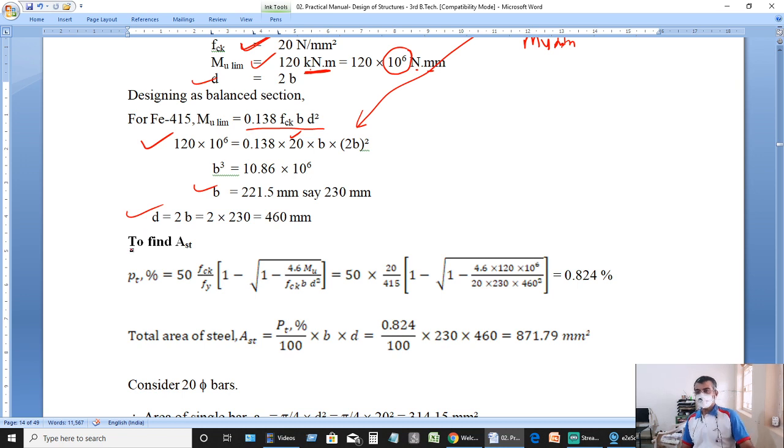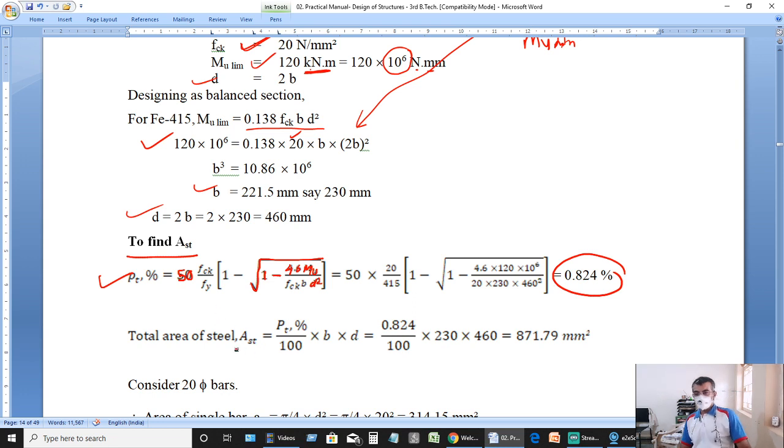Then you find out the area of steel. First you put the value of PT, right? Equation of PT: 50 FCK upon Fy in bracket 1 minus under root 1 minus 4.6 Mu upon FCK b d square, and you get the PT is equal to 0.824%.